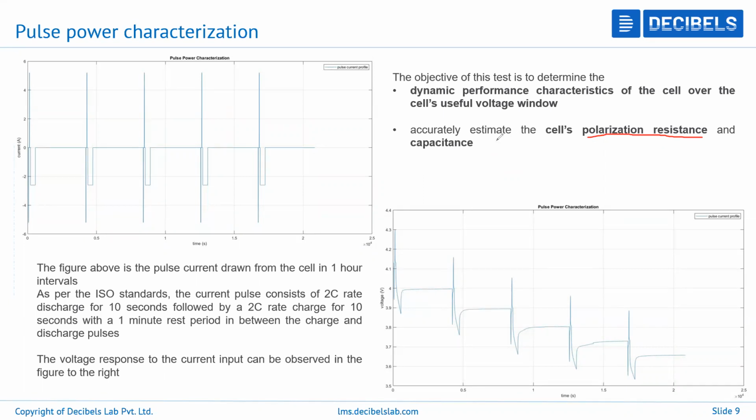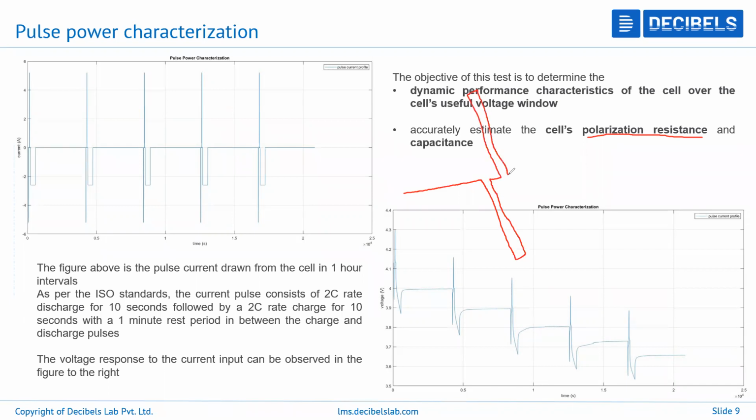What is usually done is that the cell is subjected to different pulses of current. Usually it starts with the cell at open circuit voltage, and then it is subjected to a discharge current. And then it is subjected to a charge current.